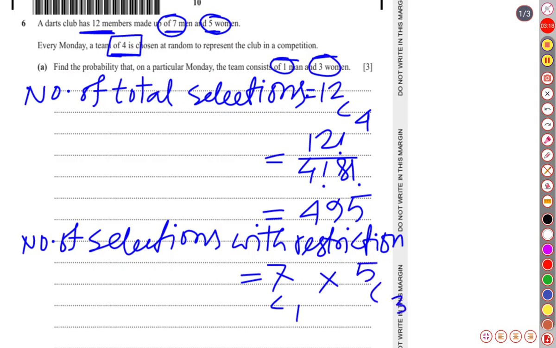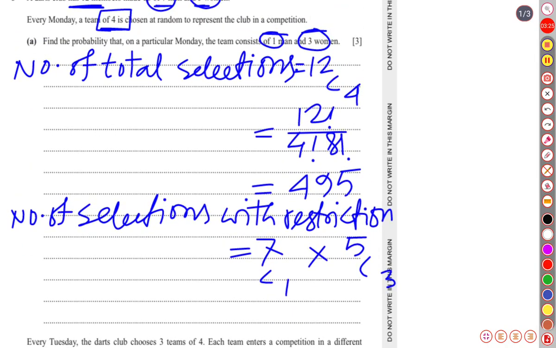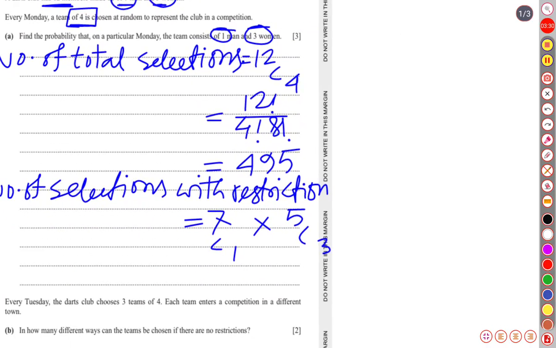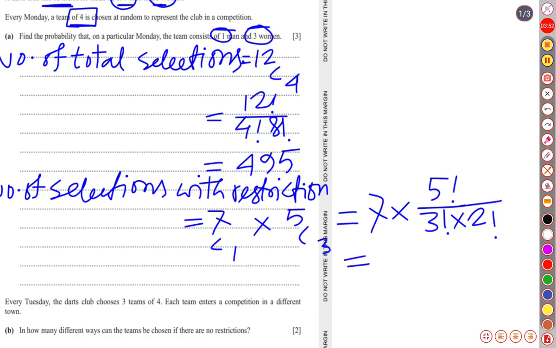Let us do the calculation. 7 choose 1 is actually 7. And 5 choose 3, we can write as 5 factorial over 3 factorial into 2 factorial.